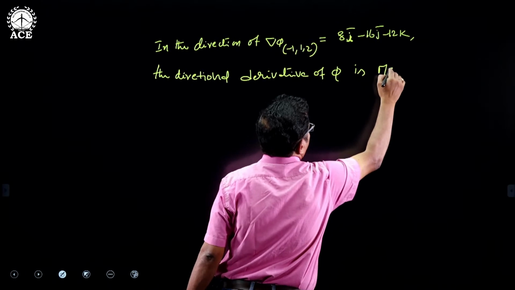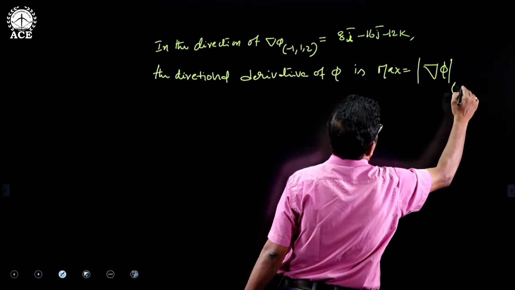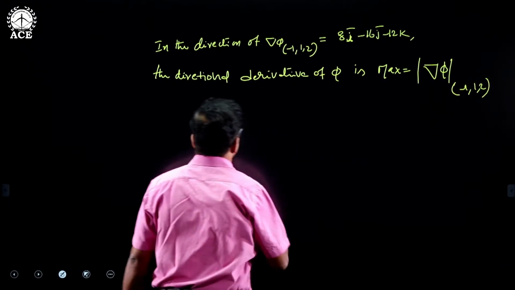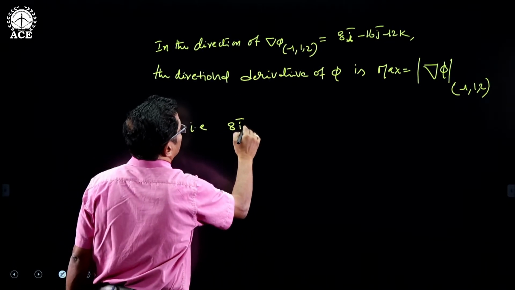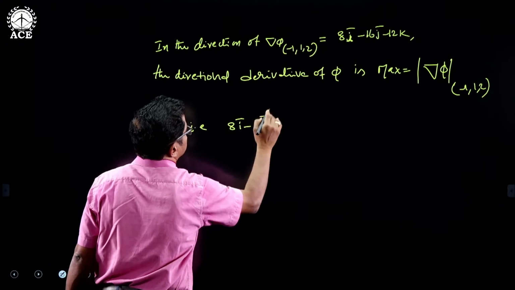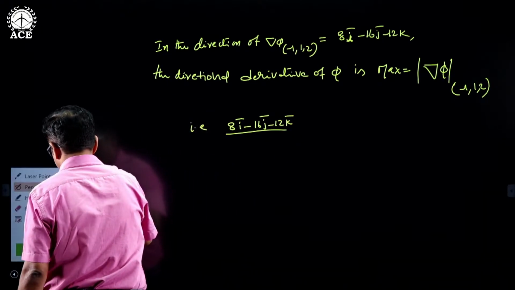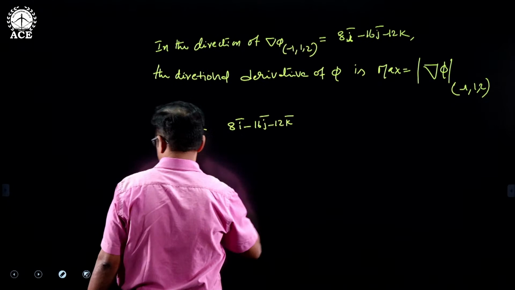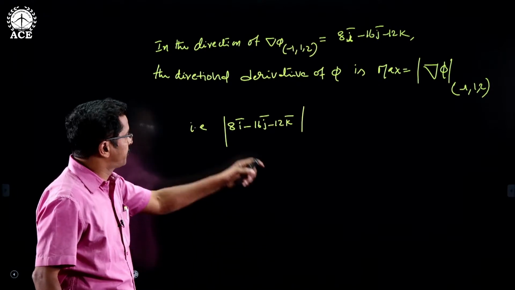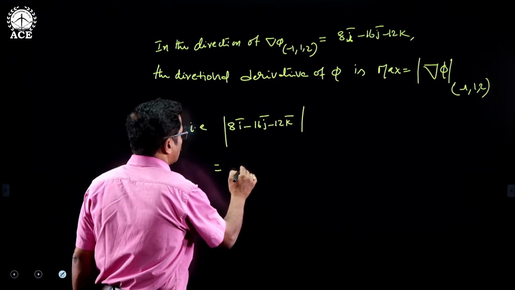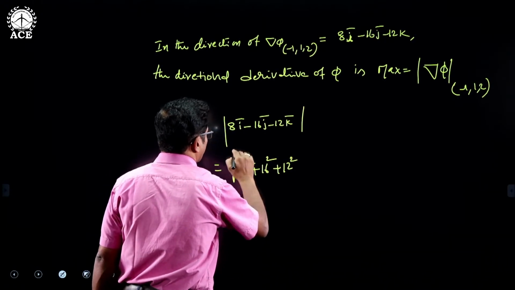is maximum equals to modulus of del phi at the point minus 1 comma 1 comma 2, that is 8 i bar minus 16 j bar minus 12 k bar. Modulus of del phi means modulus of this, which equals the square root of 8 square plus 16 square plus 12 square.